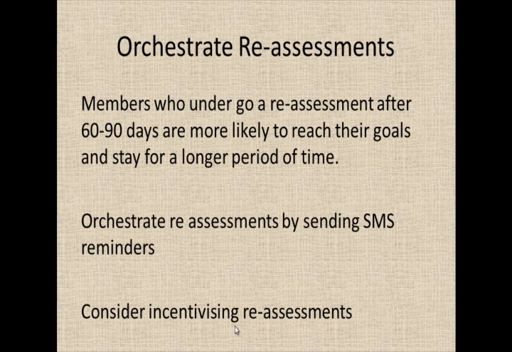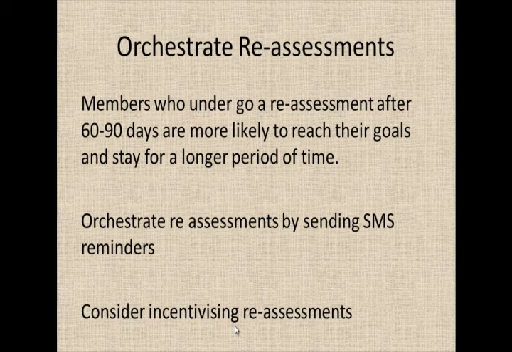So we want to orchestrate reassessments. We know that members who undergo a reassessment after 60 to 90 days are more likely to reach their goals and stay for a longer period of time. So by being proactive and sending an SMS message to remind members that they're due for reassessment, we can improve our conversion rate to reassessment.